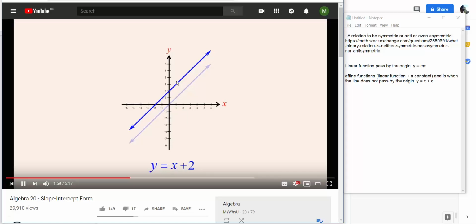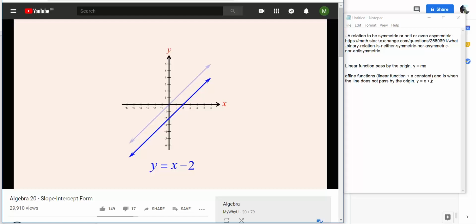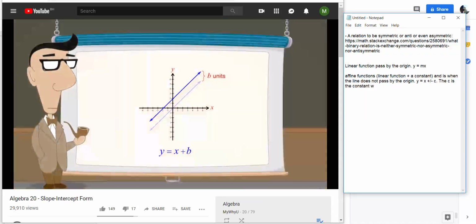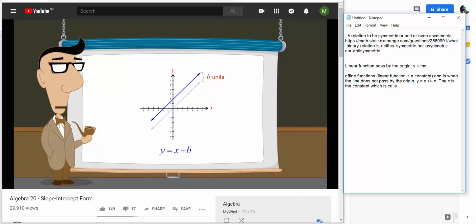Or the equation y equals x minus 2 describes a line 2 units lower. In general, adding any real number b to the right side of this equation will shift the graph up or down by b units. This is true for other linear equations as well.